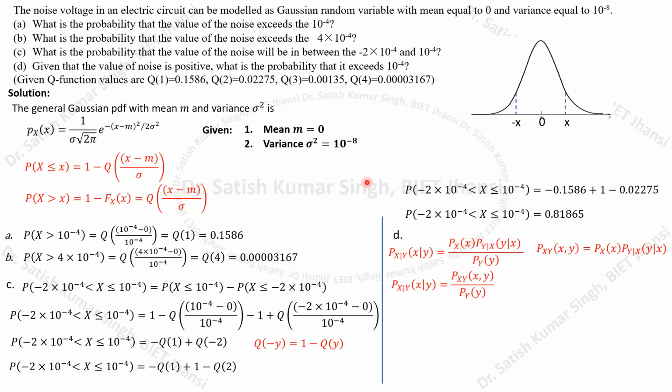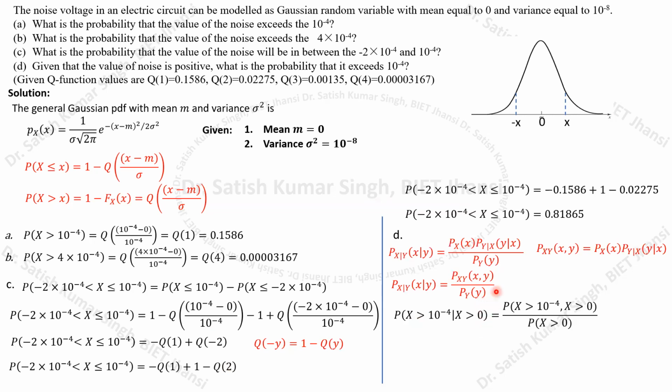Then what is the probability that X will exceed 10^-4? This is what we have to find out. So exactly what we have to find out is this particular probability: that X will be greater than 10^-4, given that capital X is greater than 0. So this is the exact probability that we are interested in, right?